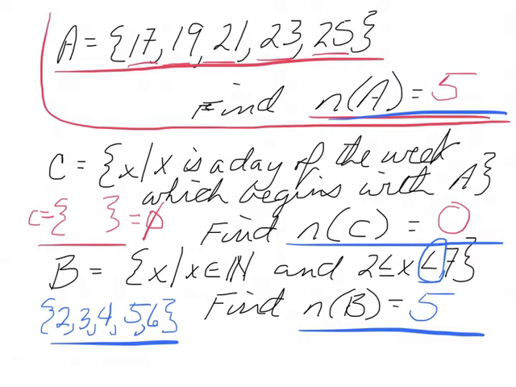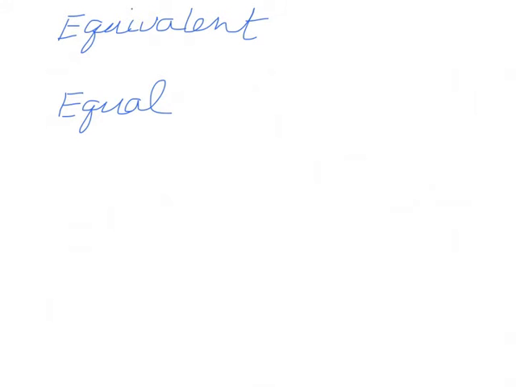Okay, let's go on to the next topic. So the next topic is equivalent sets or equal sets. And what's the difference? Well, equivalent sets are basically the same size. In other words, they have the same cardinal number.